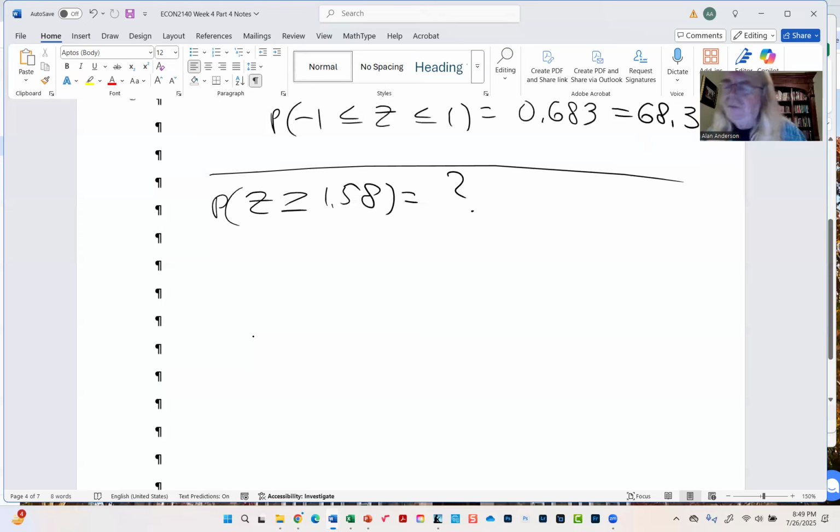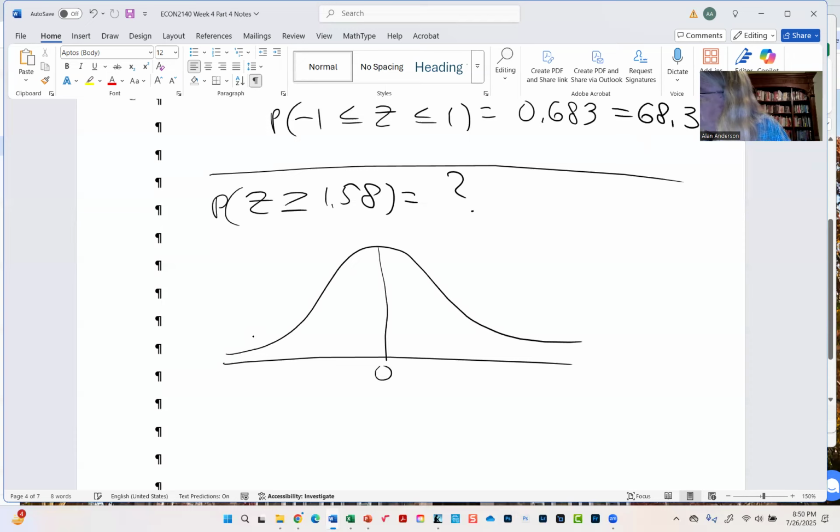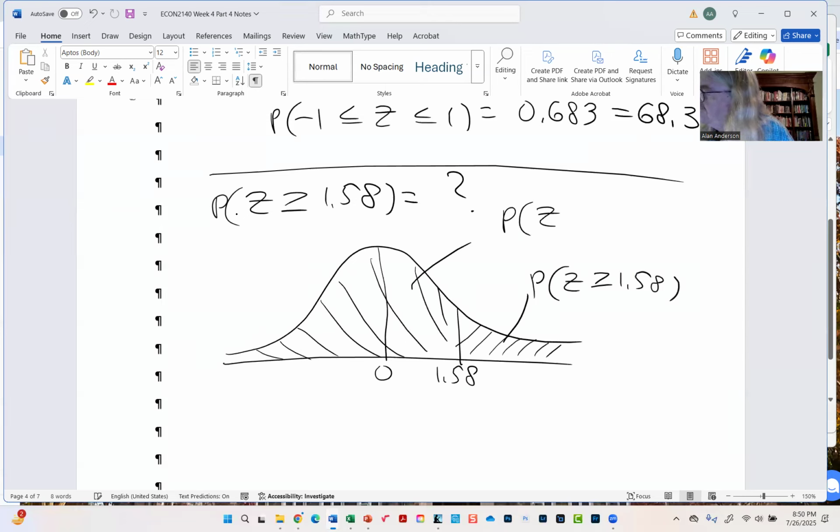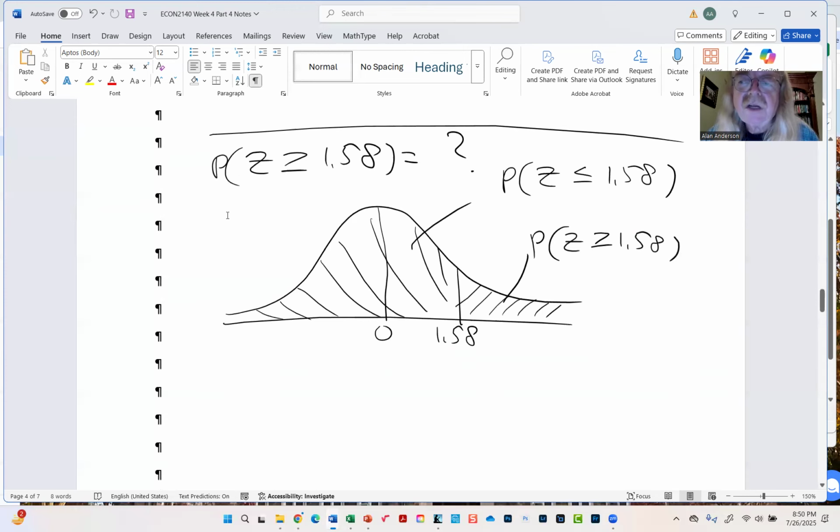All right, now remember the curve itself has a total area of 1. So the shaded area to the left of this, between the two of these, they cover the entire curve.